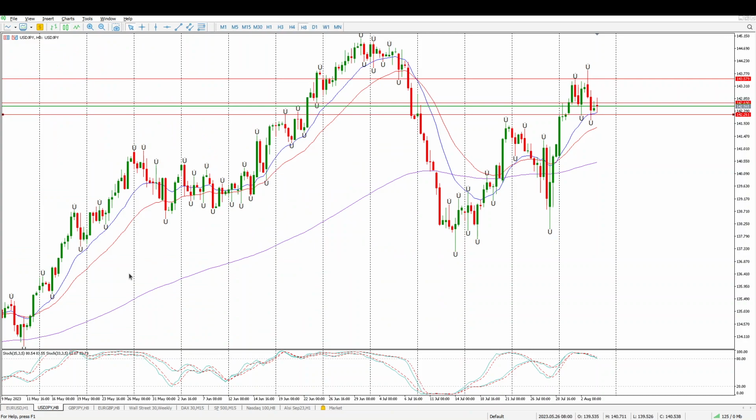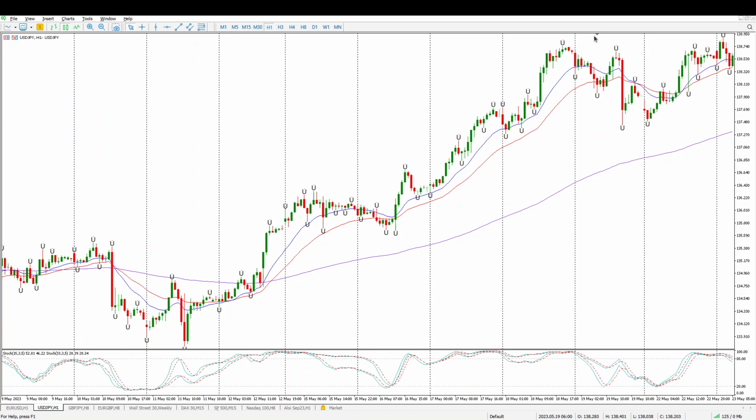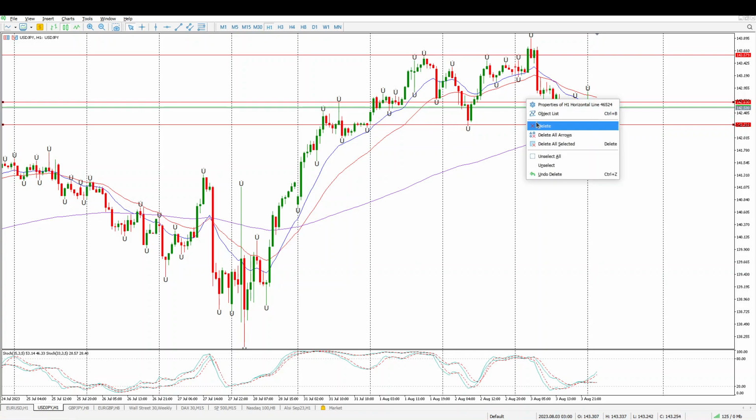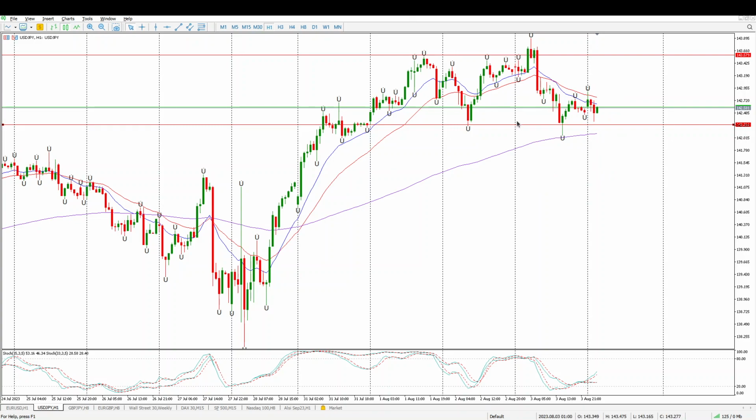Moving on to US dollar Japanese yen, and the confusion continues. Those are the three levels we looked at yesterday, still very much in play, but we're not getting any structure. We're not getting any sort of textbook type setups at the moment. For now, this is a range, and you might as well just take this level out, leave these two levels in.